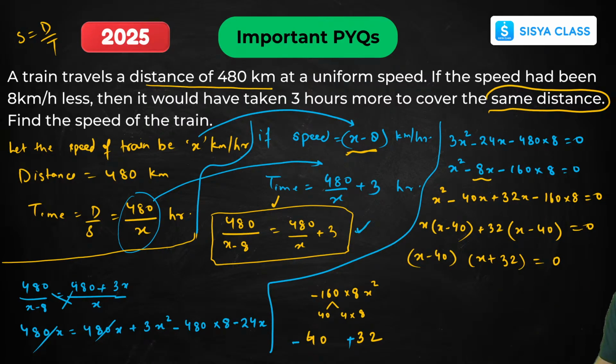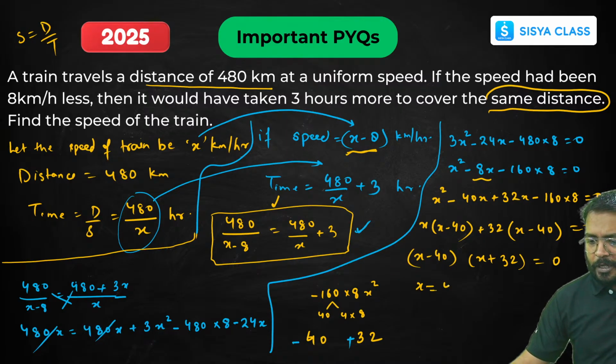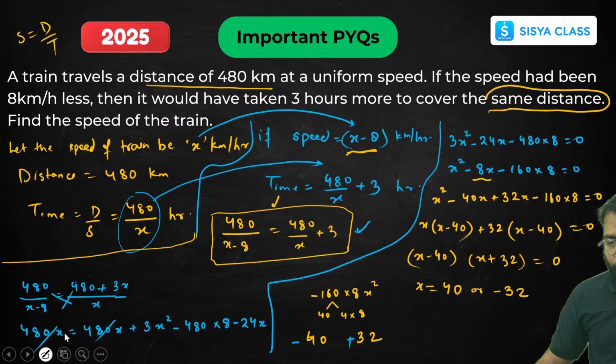That means x is going to be 40 or minus 32. But since we have assumed that x is our speed, we have to neglect the negative value. Why?